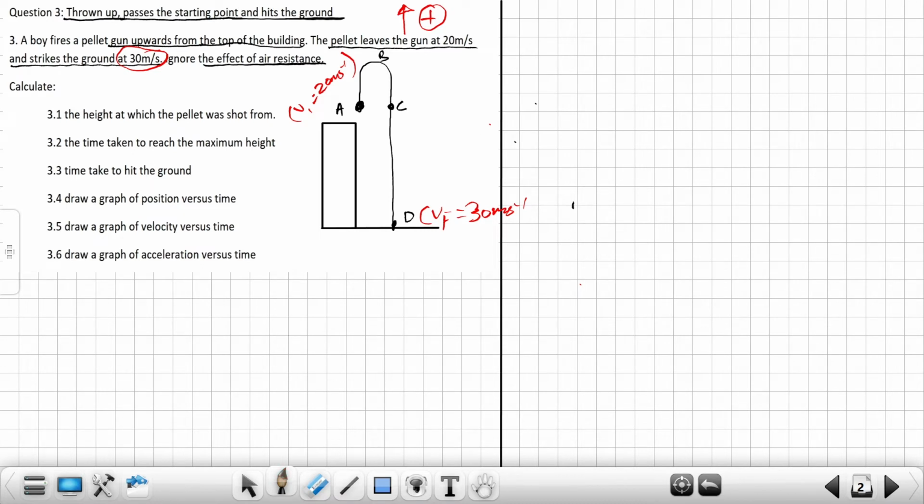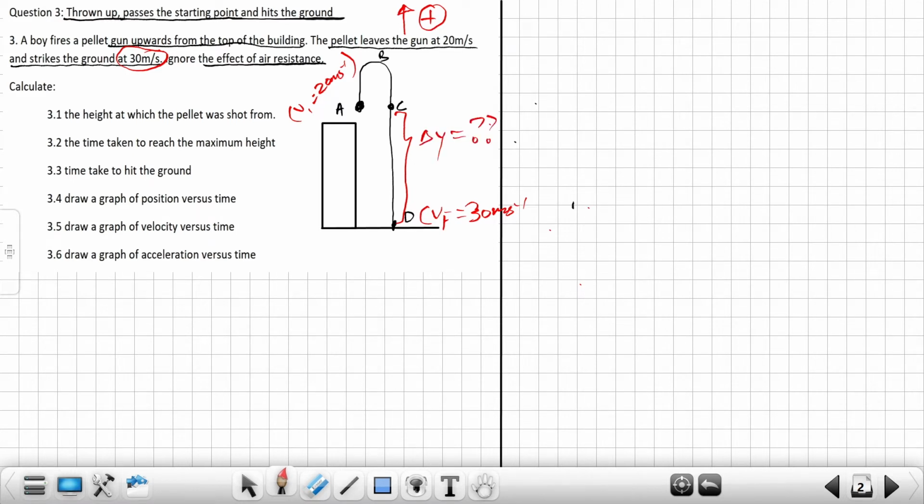The very first one at 3.1 says, calculate the height at which the pellet was shot. So basically they are asking us to find the height between C and D. So now this is the first question.